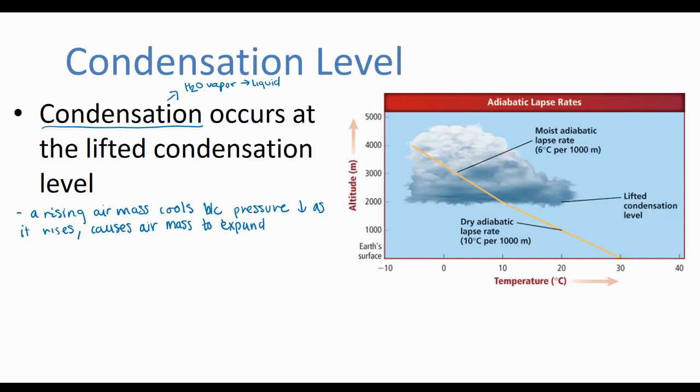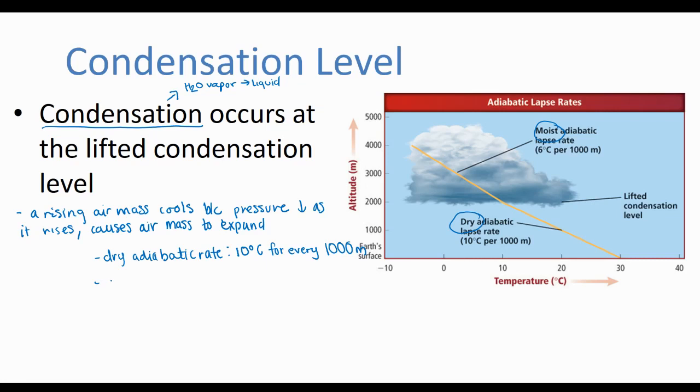Now, this is going to be different if you have dry air versus moist air. If the air is dry, the dry adiabatic rate is that the air mass temperature is going to go down 10 degrees Celsius for every 1,000 meters, if you're talking about the air going upwards.